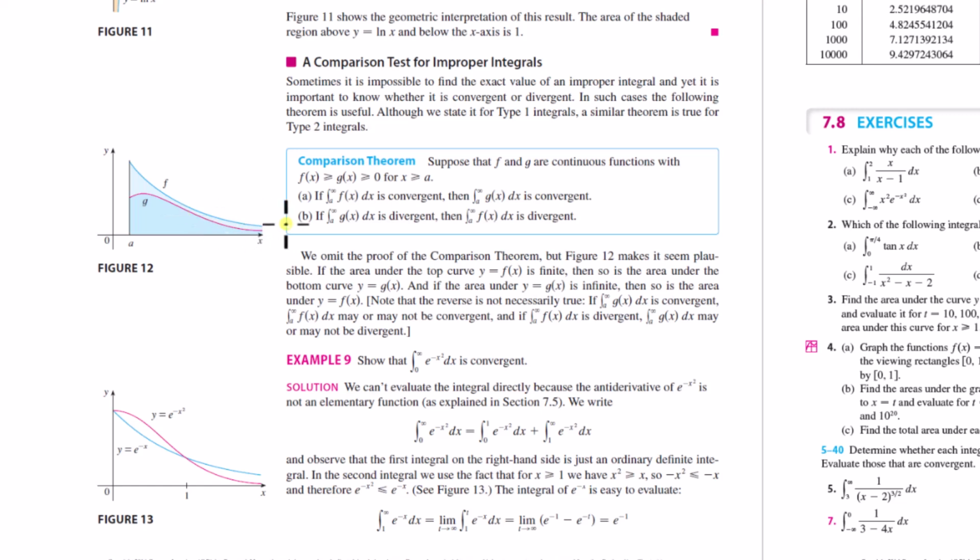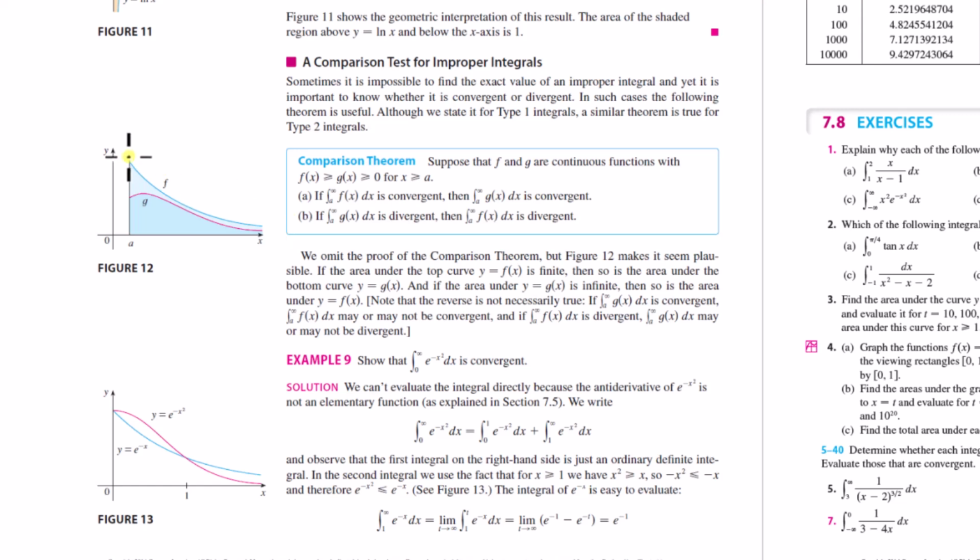But there's also another way of looking at it. If the integral of g from a to infinity is divergent, then the integral from a to infinity of f is going to be divergent. So there are two ways of looking at this comparison theorem. But you can notice that there are also two inconclusive situations.